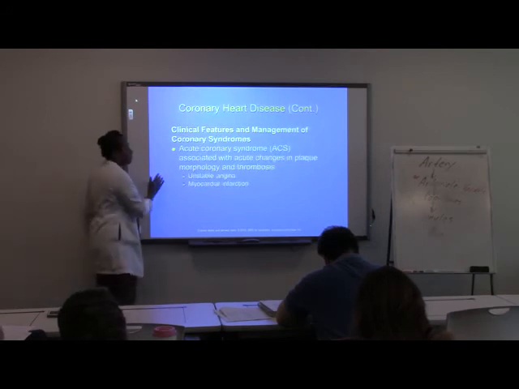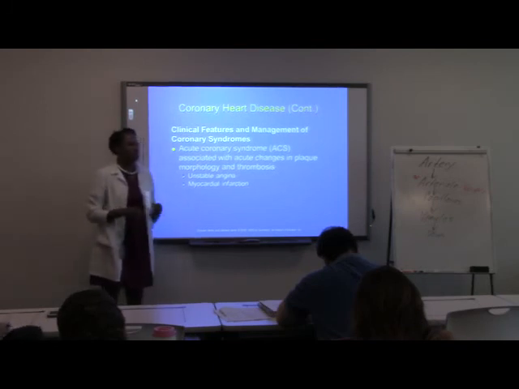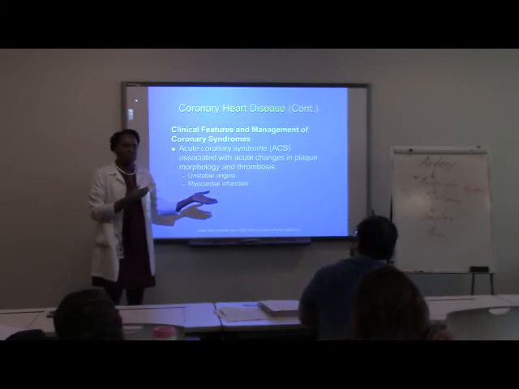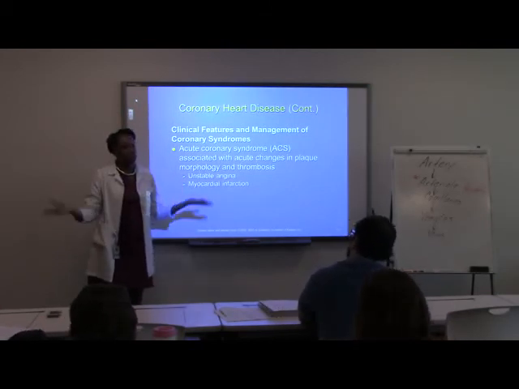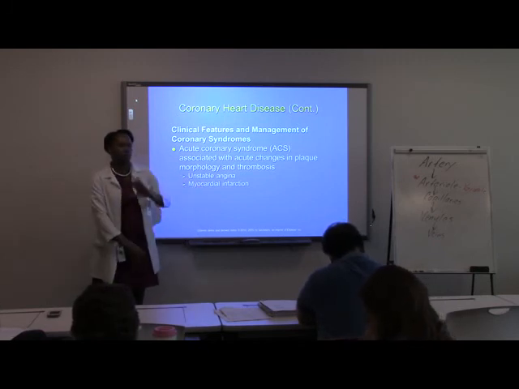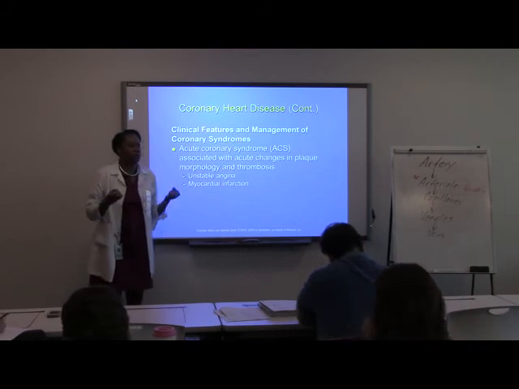Now, acute coronary syndrome. Let's say that same person with the plaque keeps enjoying himself, going in and out of Famous Dave's and eating all that fatty stuff, completely enjoying himself with all this food.